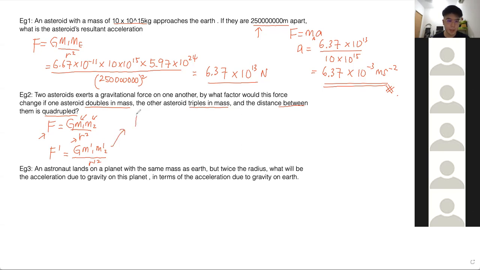Continue here. F dash equals to G. The new m1 would be, okay, let's say m1 is the one that is double in mass.